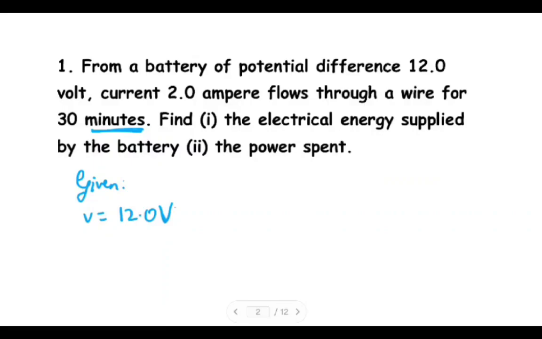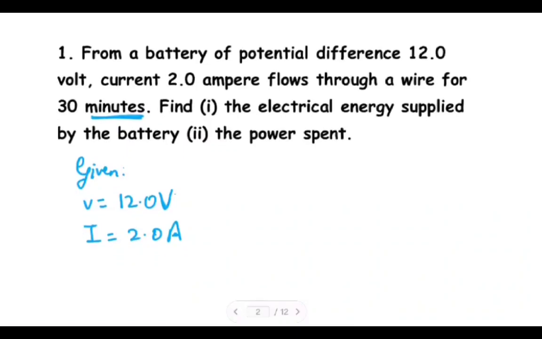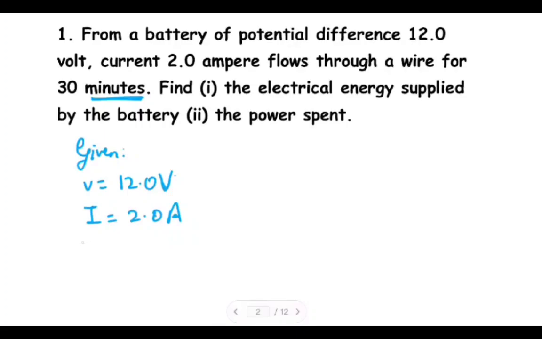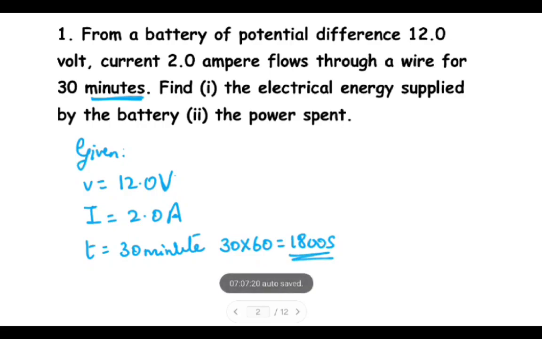Yes, then we have a current, that is I, which is 2.0 A. Okay, and flows for 30 minutes. 30 minutes, as I pointed out, it's a catch. Everything has to be calculated in seconds. How do we calculate it in seconds? You multiply it by 60. 3 6s are 1800. 1800 seconds. Yes, children.